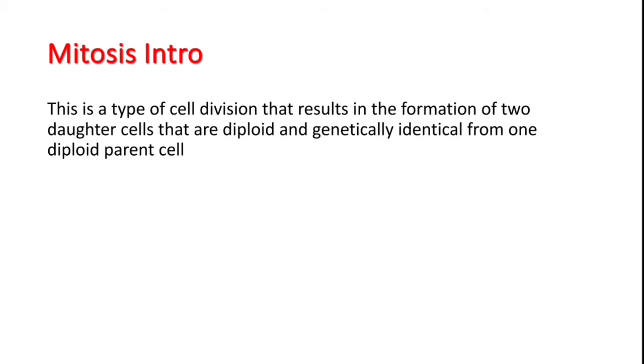So in this case, two new daughter cells are formed from one existing parent cell. And these two new cells are genetically identical with the parent cell, and they contain the full number of chromosomes, which is the diploid number.